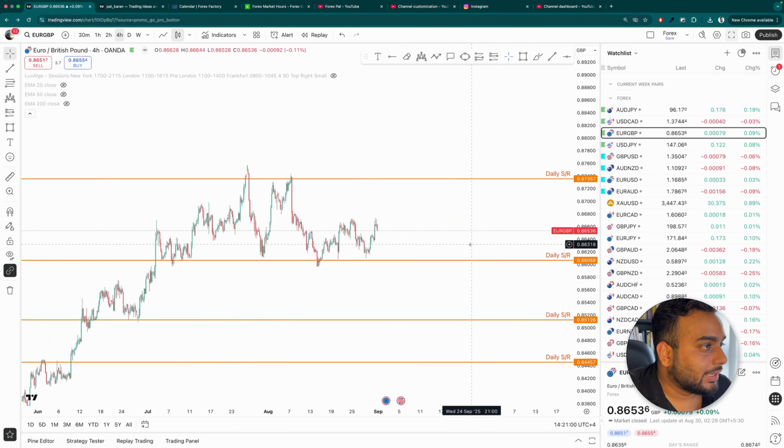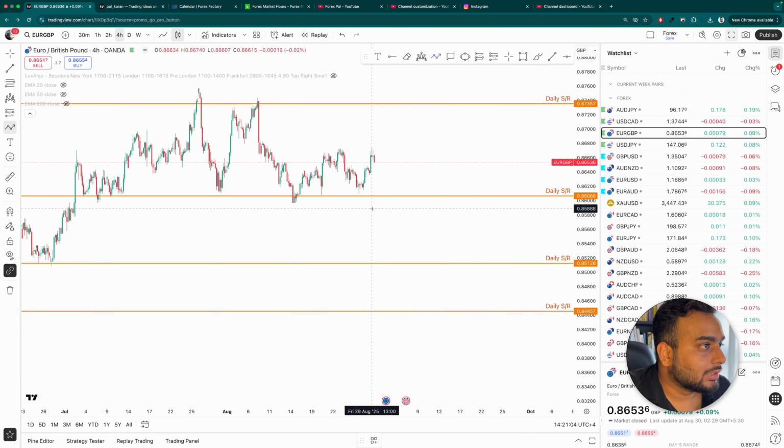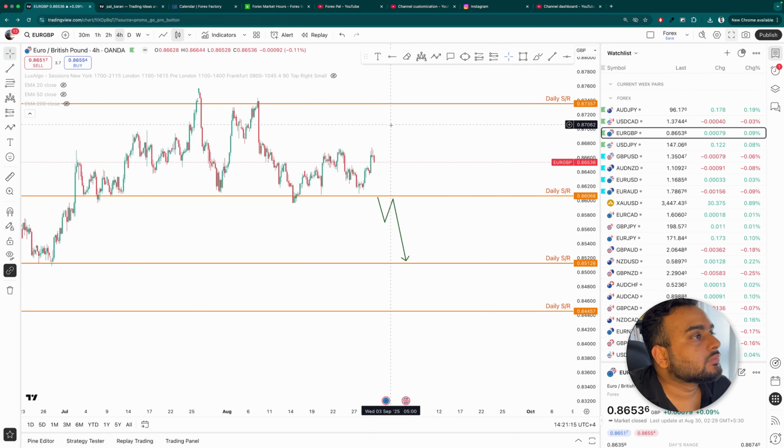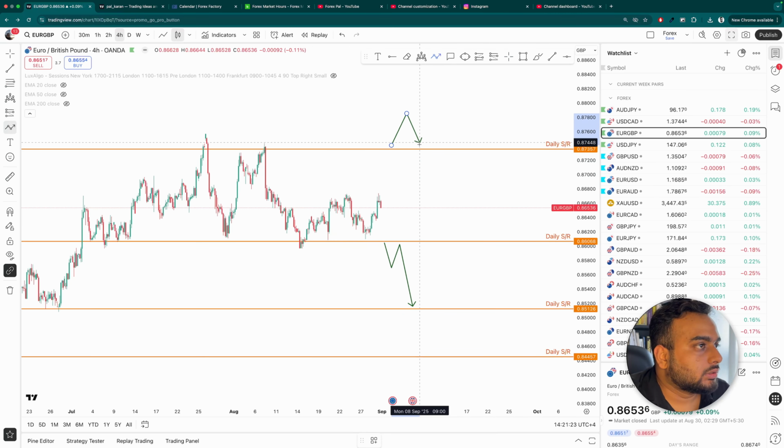If the price breaks this support, I would want to be in a trade like this. Again, retest and then give an entry signal to sell. And to buy, I'll have to look for this retest, buy.